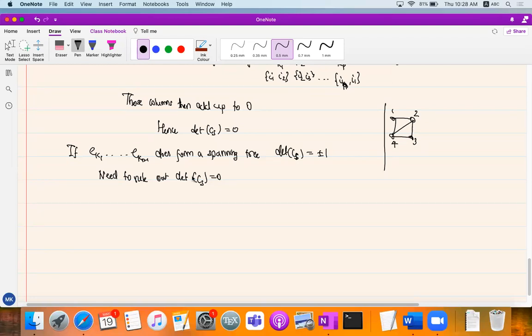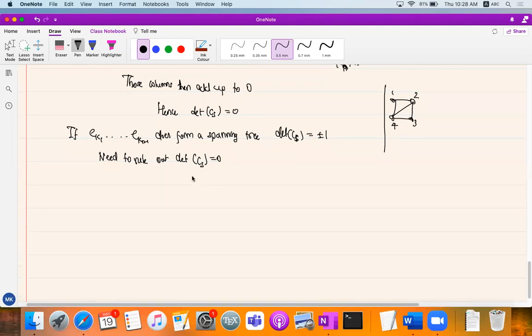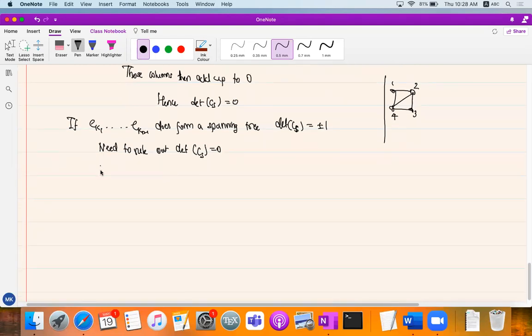Okay, you need to rule out the possibility that C_S is singular. So you have to show that there can't be a linear relationship of columns or of rows, whichever one of them. So you have to show that there can't be a linear relationship between the columns, for example.